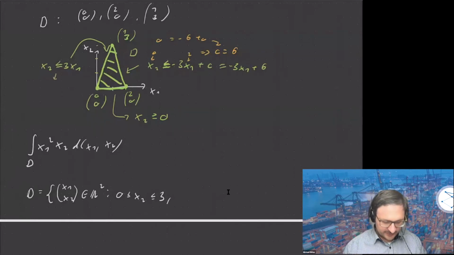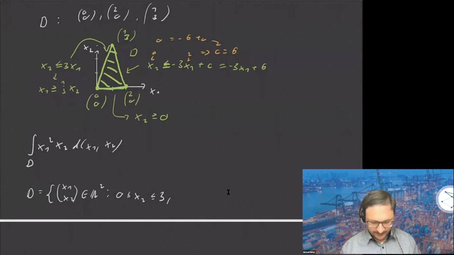So this here, we can solve that for x1, obviously. And that will give us x1 is greater or equal to 1/3 x2. And this here, we can also solve for x1, and that will give us x1 is less or equal to, let's see, 1/3 minus 1/3 x2 plus 6/3, that's 2.